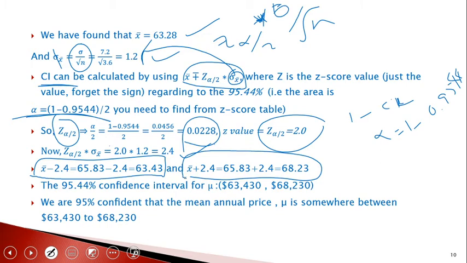So the 95.44% confidence interval for mu is 63,430 and 68,230. You can simply say that we are 95% confident that the mean annual price, according to your question, for mu is between these two values.